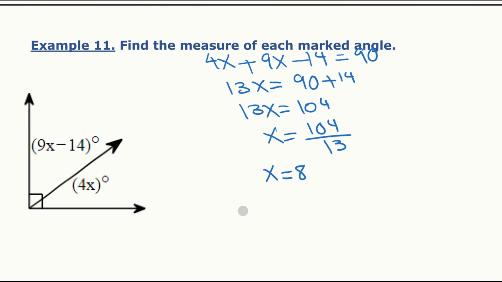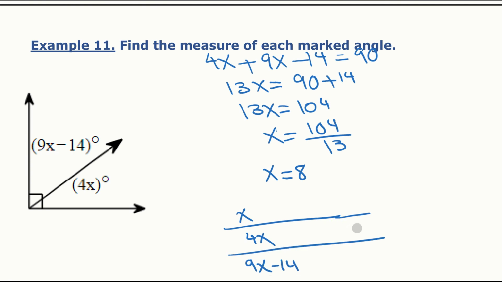So if you make a table where you have the value of x and you want 4x and 9x minus 14, it'll keep everything nicely organized. Okay, notice that x is 8, so 4x will be 4 times 8, which is 32, and here you get 9 times 8, which is 72 minus 14, right?